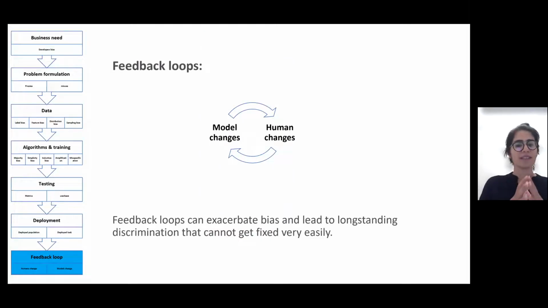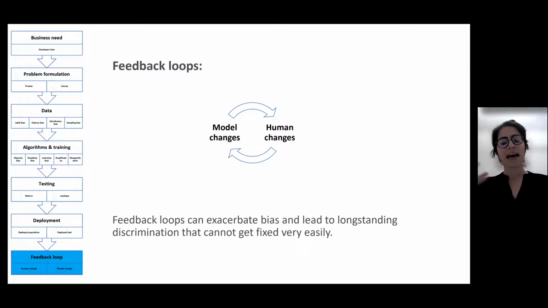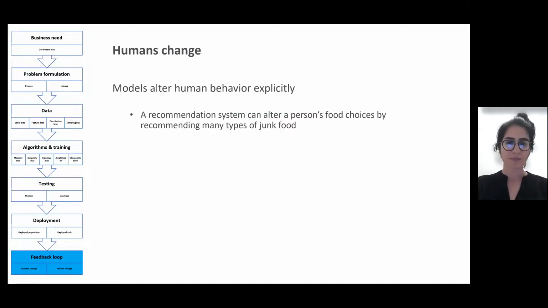Whatever model you have, it will change human behavior. As humans' behavior changes, the model adapts itself, and then it goes through these loops. These feedback loops can exacerbate bias and lead to long-standing discrimination that cannot be fixed very easily. So it's really important to think about this feedback loop before it becomes too late.